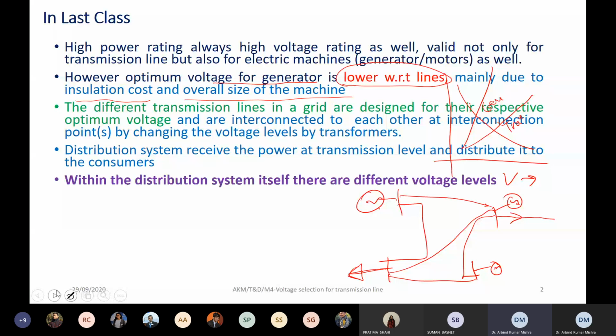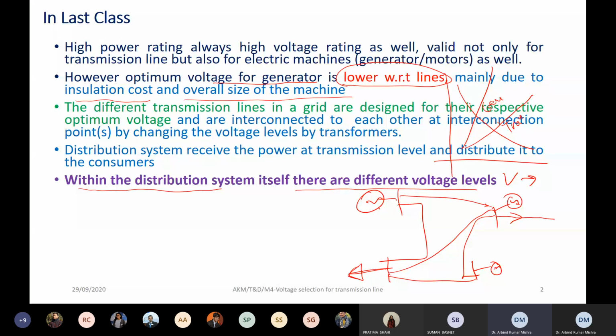Then we also discussed that even within the distribution system, we may not have a single voltage level throughout, but from section to section or level to level, the voltage may be different. This voltage is converted by substations in the distribution system. Basically, in the distribution system we have two voltage conversions.